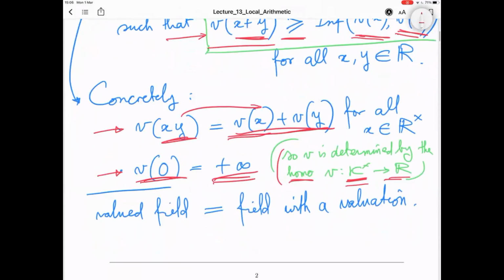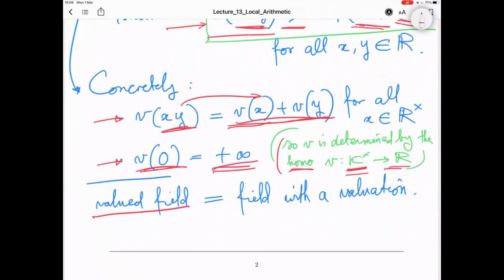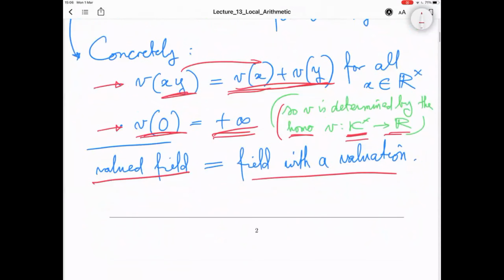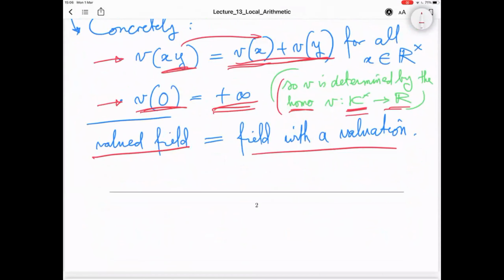So that's what a valued field is: just a field with a valuation. I should have mentioned here that we have already come across examples.